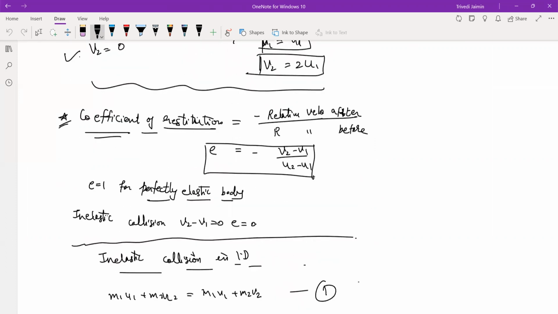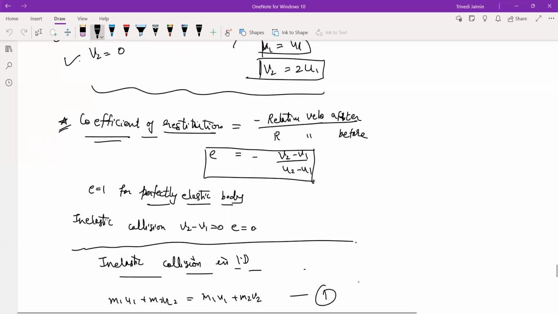You don't have inelastic in your syllabus, right? Check it once. Collisions in 1D, it's there, right?